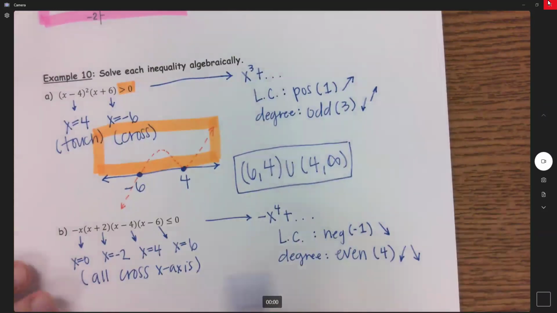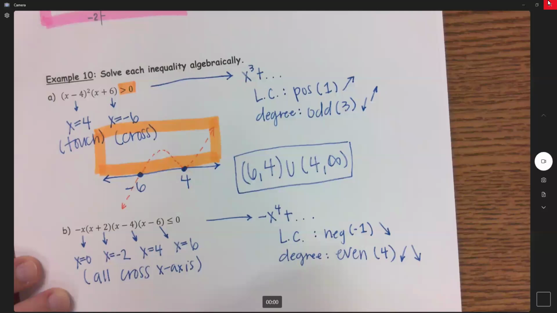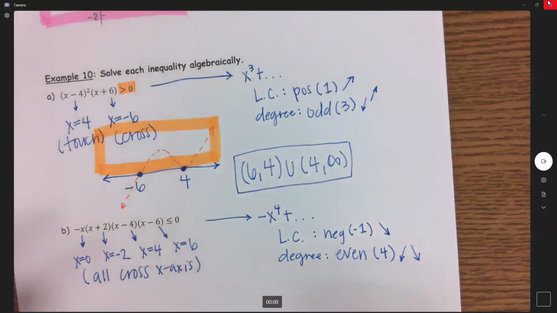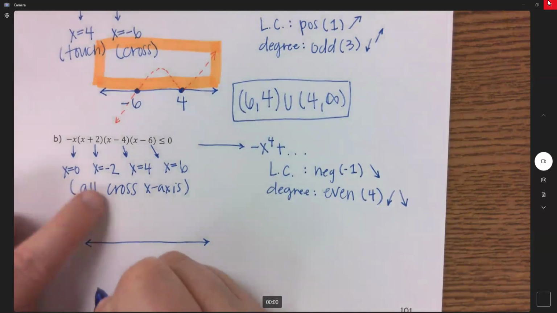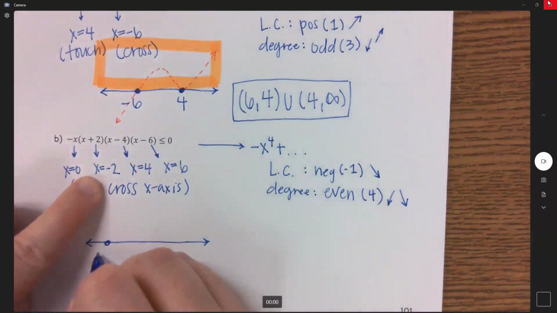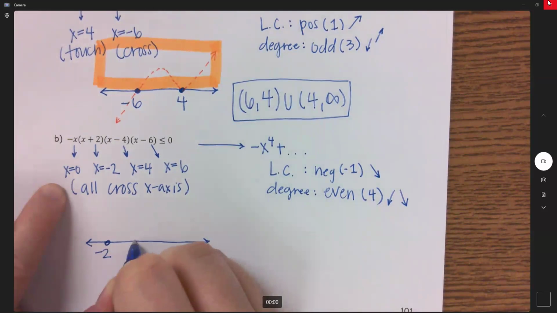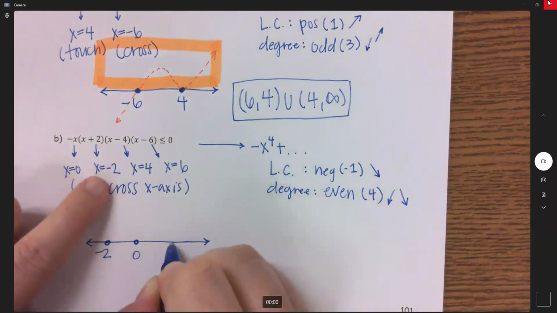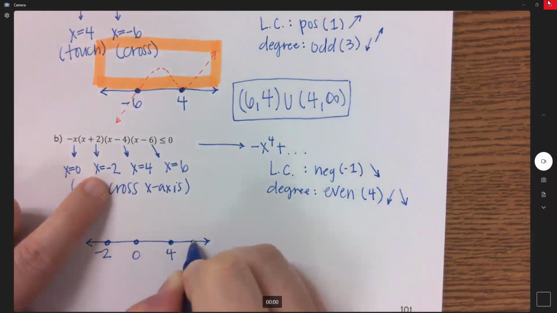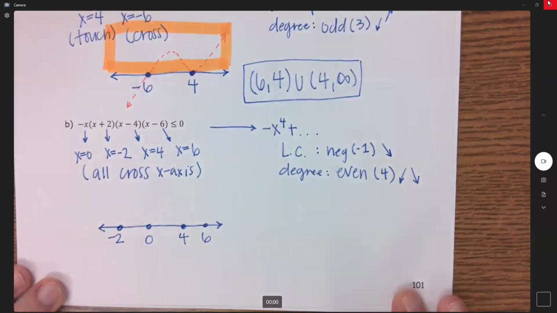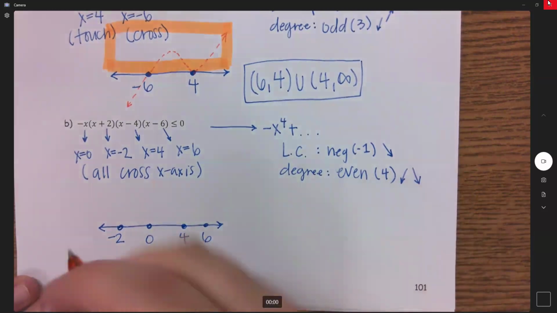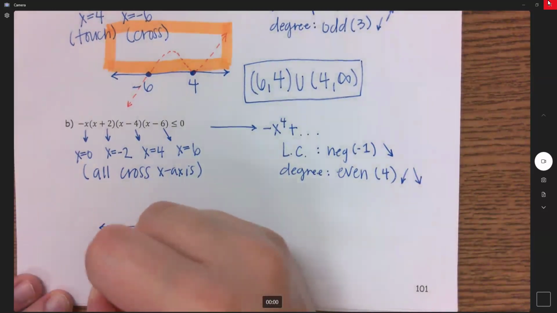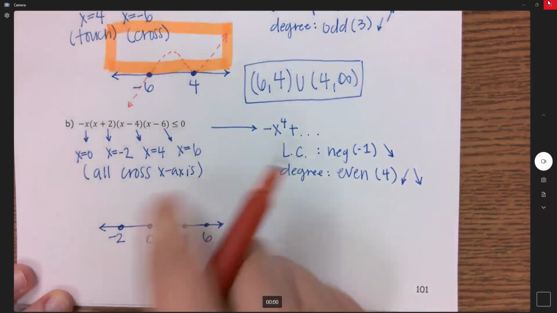Okay, so now let's make our rough sketch. We have a 0 at -2, at 0, 4, and 6. I know it's going to start down here, and it's going to cross through all of these.